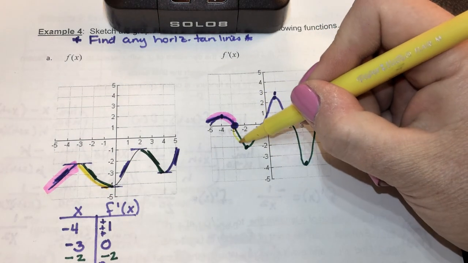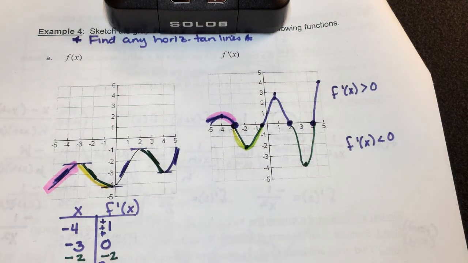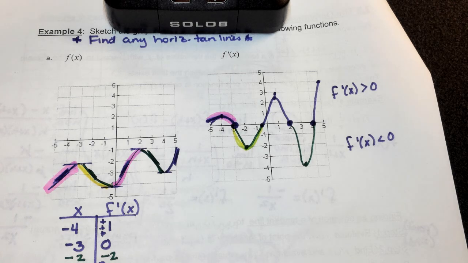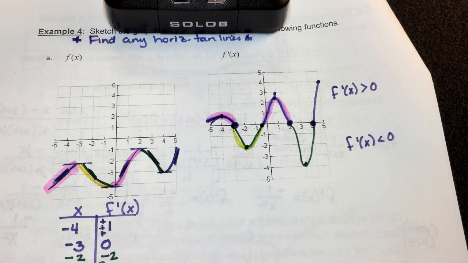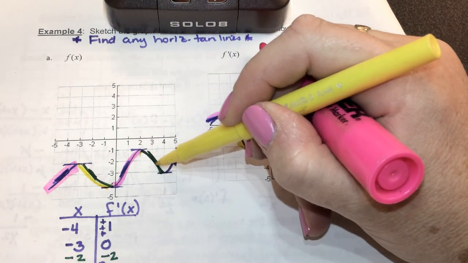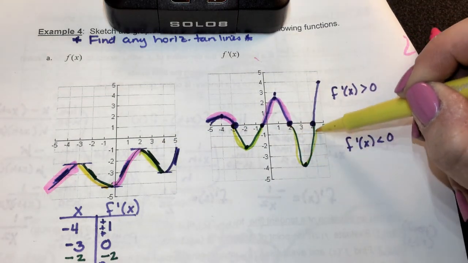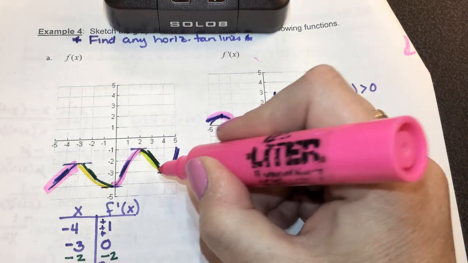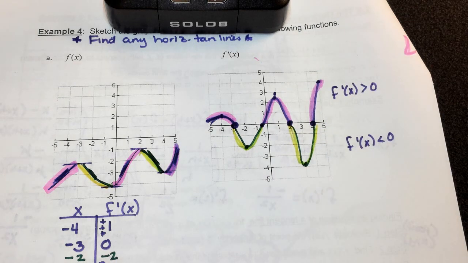Notice the graph of the derivative is falling below the x-axis. Where it's increasing, it's above the x-axis. Where it's decreasing, the value of the derivative is below the x-axis. And then finally, where it's increasing, the graph of the derivative is above the x-axis.